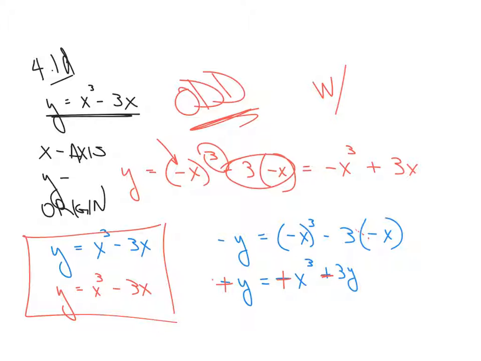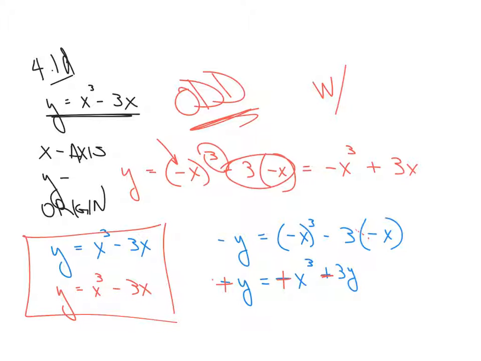Now 39 to 46, you're finding out whether they're symmetric to the x-axis, y-axis, and or the origin, because sometimes it's more than just one. So you can't just stop once you find it's symmetric to the y-axis. Well, it could also be symmetric to the origin. So don't assume that once you find one, you're done. You got to do all three of them.